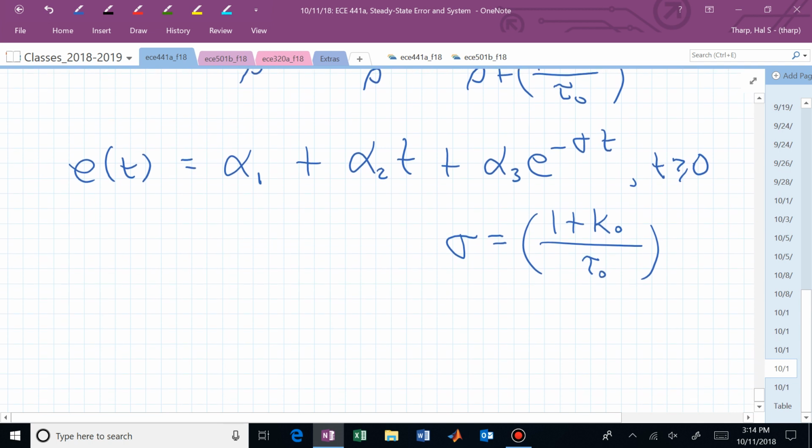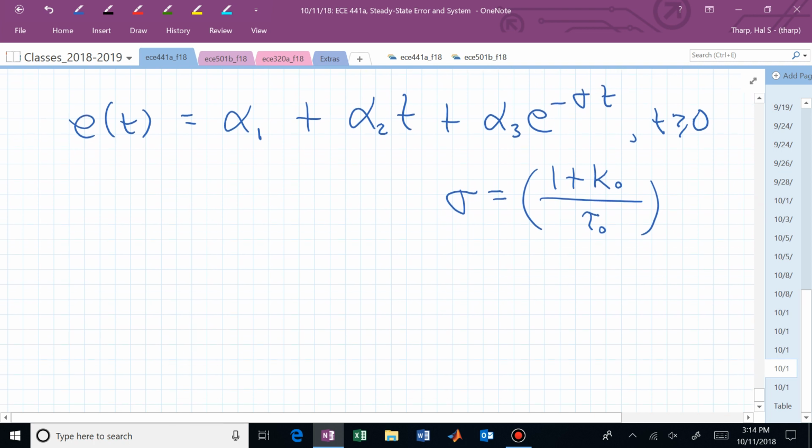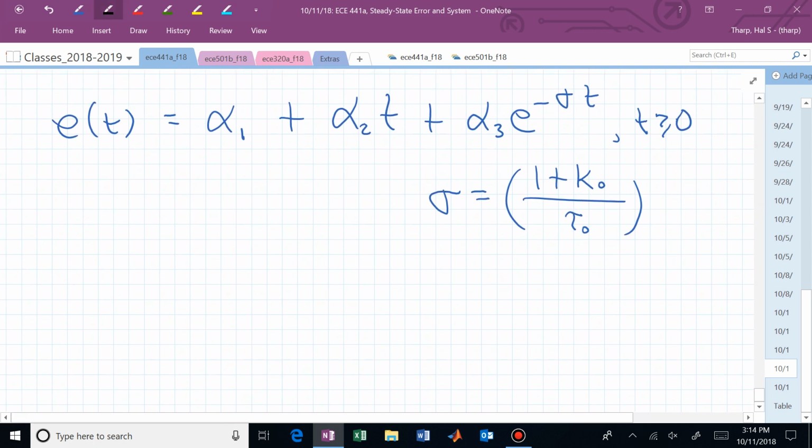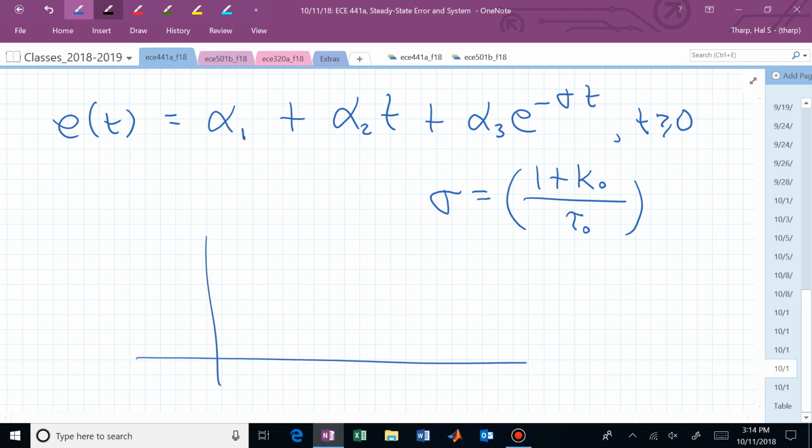If you wanted to sketch this, in terms of a time response, I now have a ramp. Let's say this is at, but the error is going to grow with time t. If I wanted to see what y is doing, it's not keeping up.